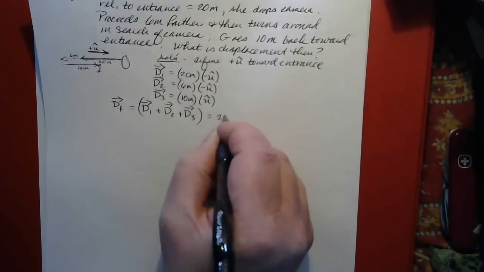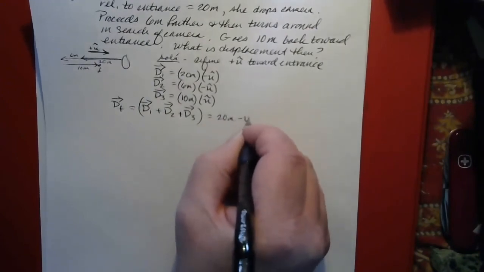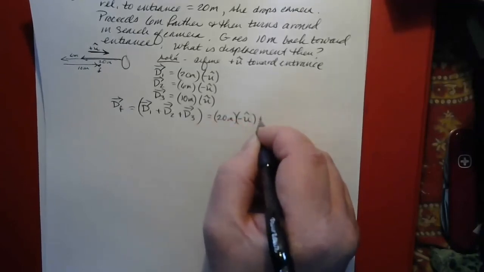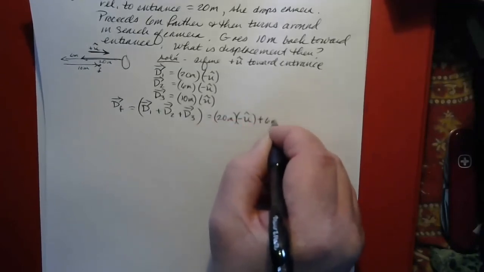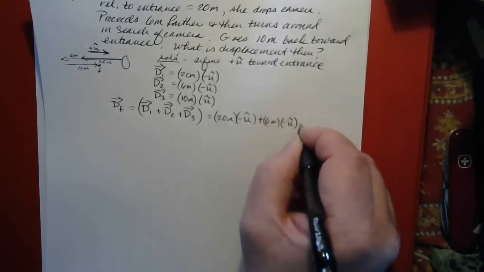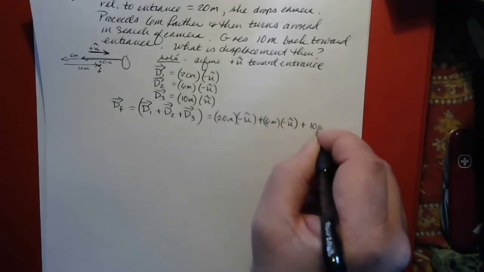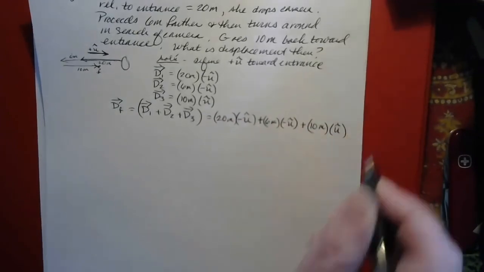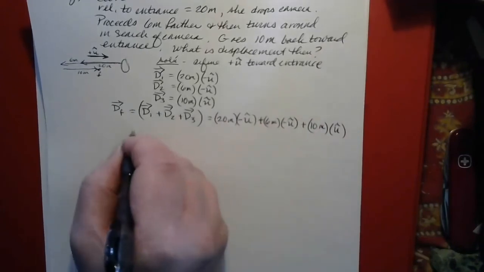And that's going to be 20 meters times negative u, the unit vector, plus 6 meters, also times negative unit vector, plus 10 meters times positive u, or unit vector.